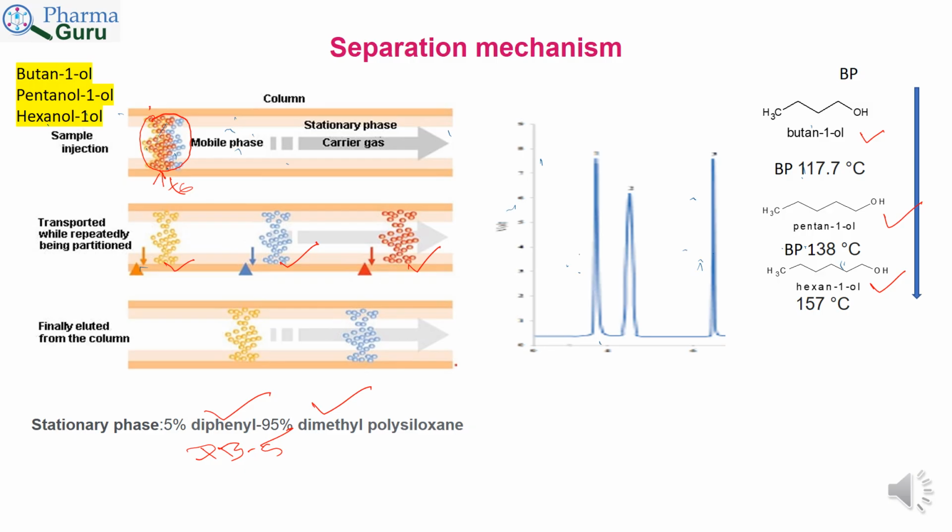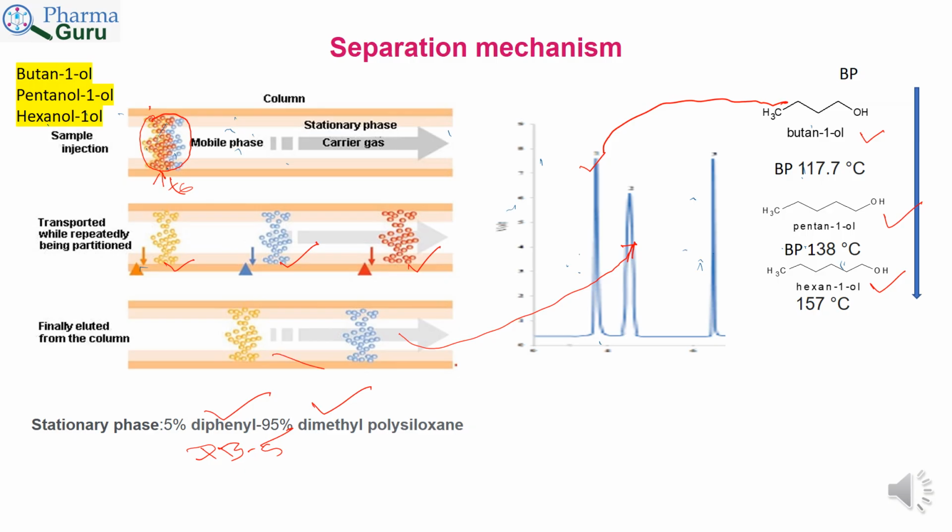Butanol will elute, the detector detects it and sends the signal to the data processor, and the data processor converts it into the peak of butanol. After that, pentanol will elute and we will get the peak of pentanol.